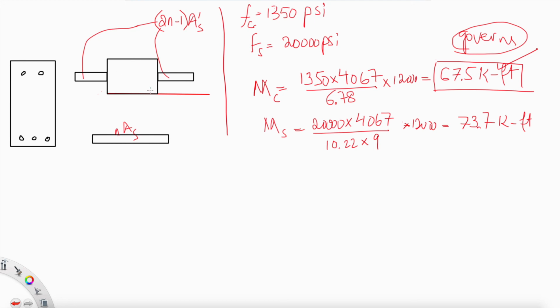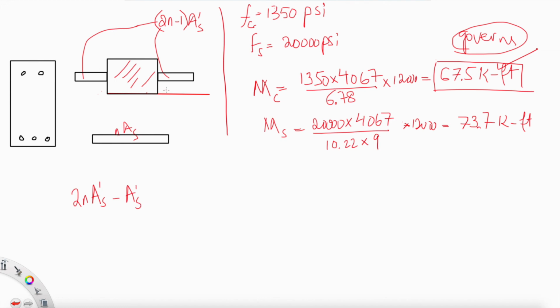So we compute this normally as the concrete, as we did in the previous example. We do the same, but we have to add (2n minus 1) A_s' as an indication for the bars. Why 2n minus 1? Because 2n is 2n multiplied by A_s' minus A_s'.